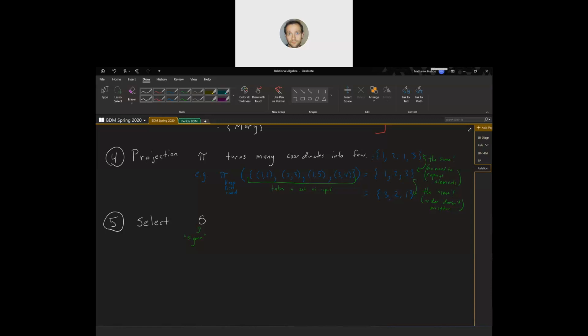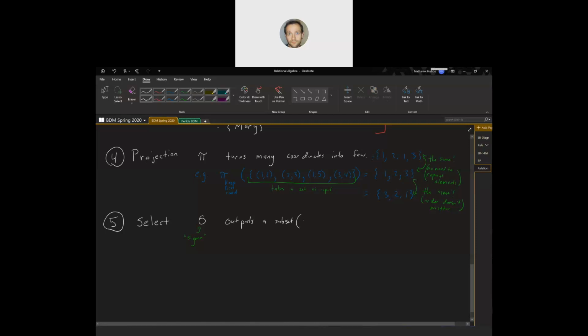And this outputs a subset. Keep tuple, or not.